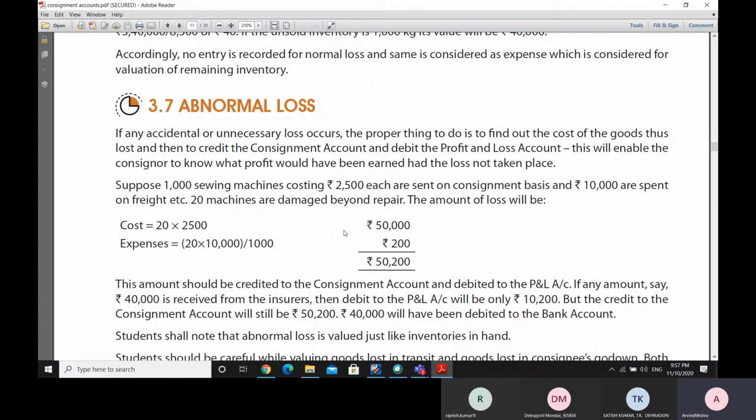Now, if any amount is received from the insurers, let's say 40,000 rupees, then in this case we will debit only 10,200 rupees to the profit and loss account, because 40,000 is already recovered. So the credit to the consignment account would be only 10,200 rupees rather than 50,200 rupees.